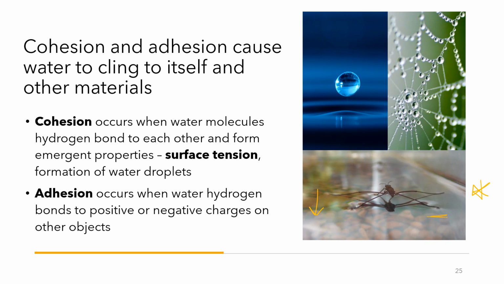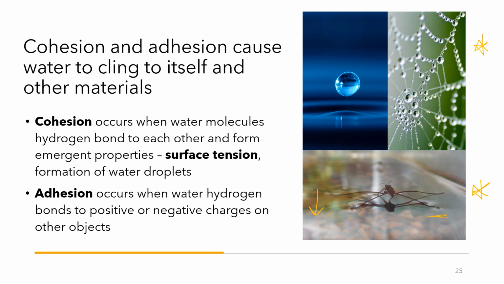Another thing is adhesion. This is when water molecules hydrogen bond to other molecules that have positive or negative charges on them. So we can see that in this image on the right with the water droplets forming on the spider web. They are being attracted to positive and negative forces on the spider web itself, causing it to stick.